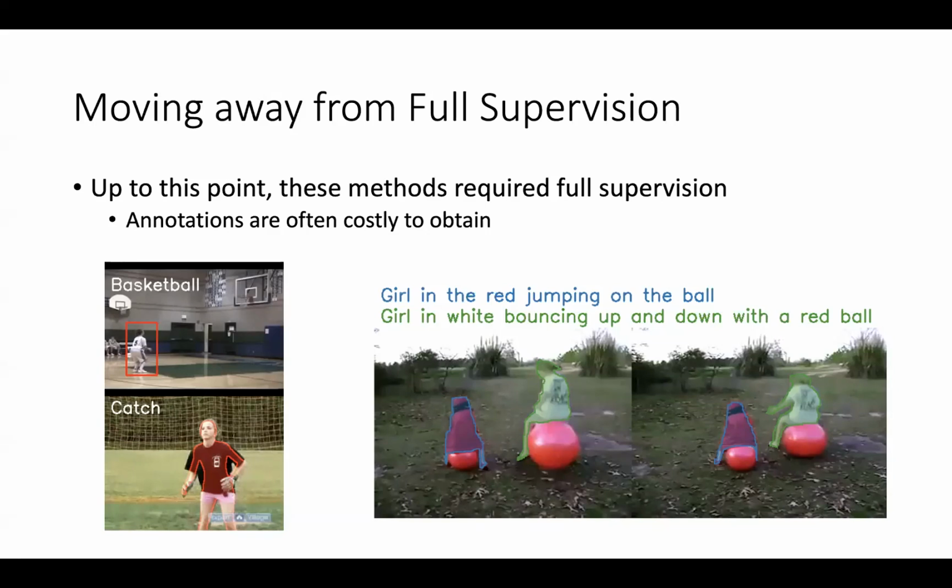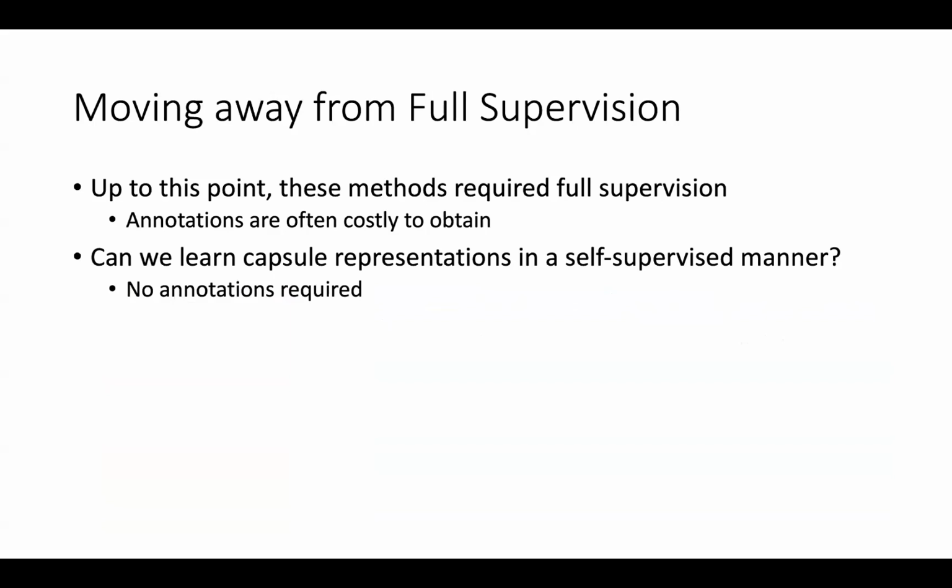However, this usually requires a lot of time, a lot of manpower, and a lot of money to obtain these annotations, especially if we want a lot of video annotations. So the question is, can we learn capsule representations in a self-supervised manner, such that no human-generated annotations are required?